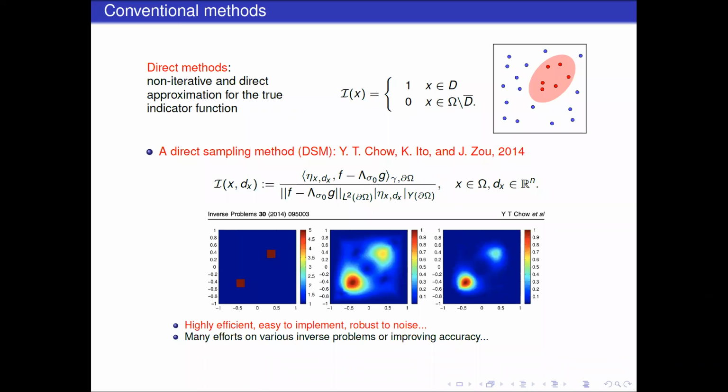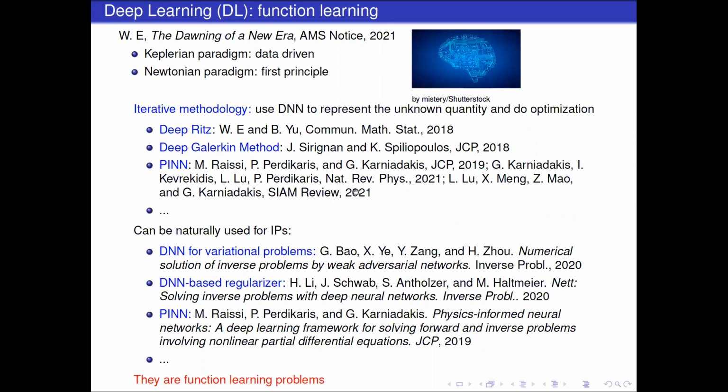Before showing you the details, let me first convince you that deep learning is really a good candidate for computational inverse problems. After literature review, we find, very interestingly, that the methodology of deep learning is really close to the methodology of computational inverse problems. First of all, they have an iterative methodology.